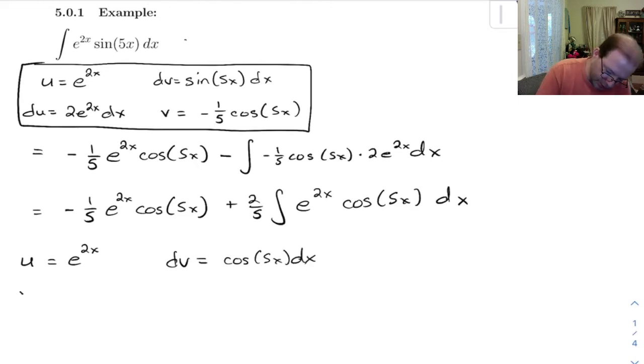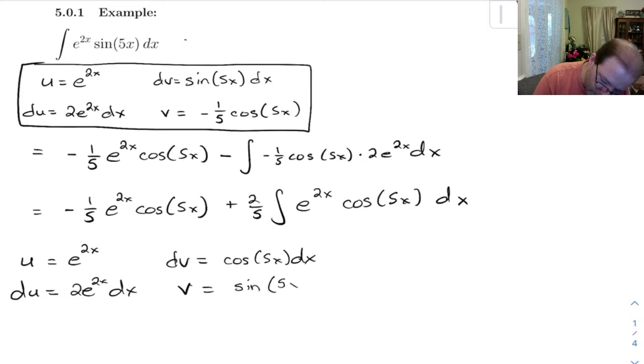So du equals 2e to the 2x dx. And integrating this, if you integrate cosine, you get positive sine, so this is going to be sine 5x. And again, we're using the chain rule backwards, so we have to divide by 5.